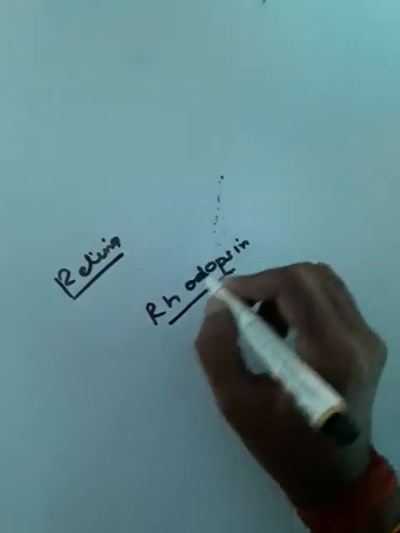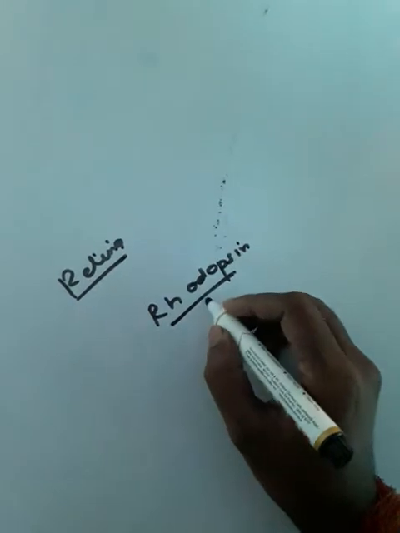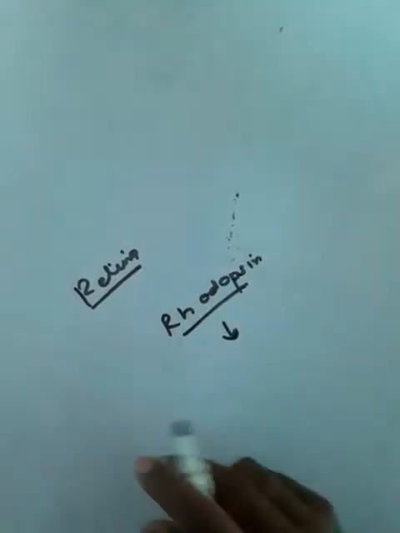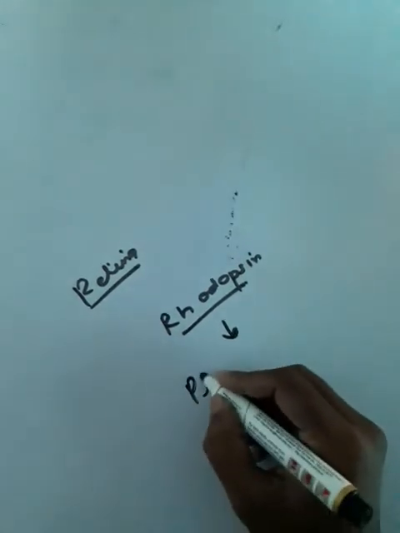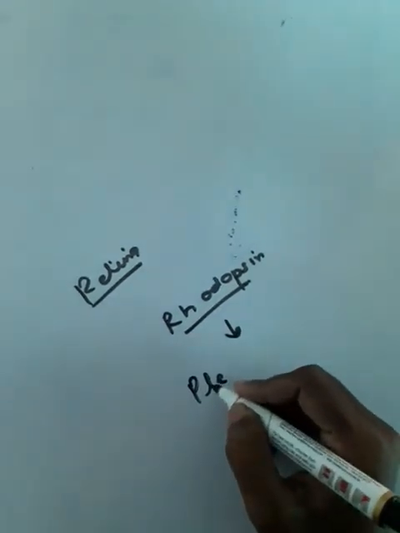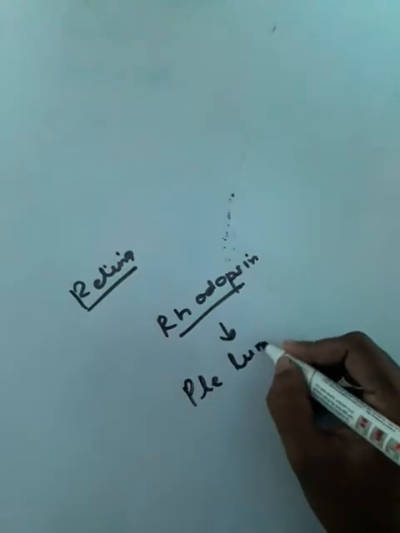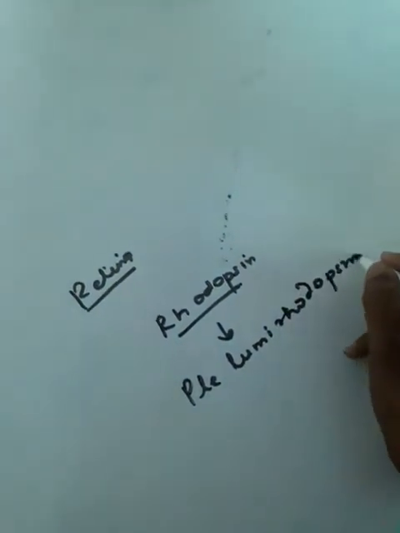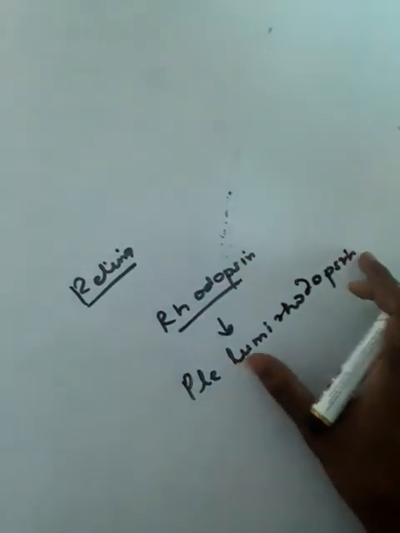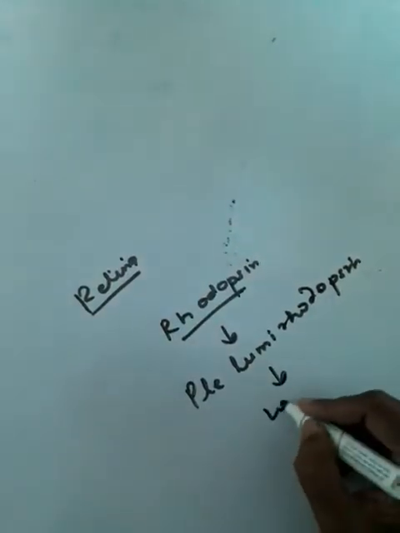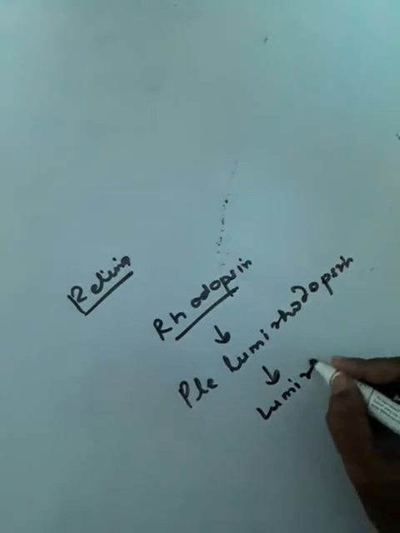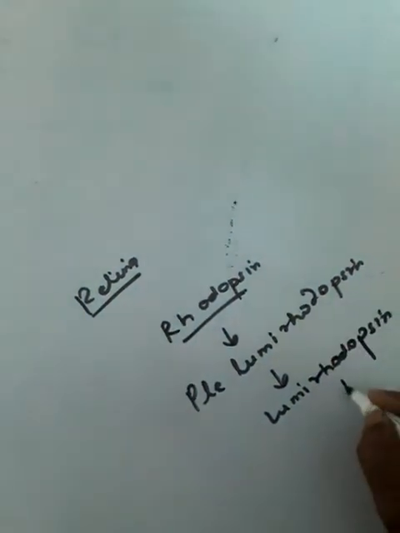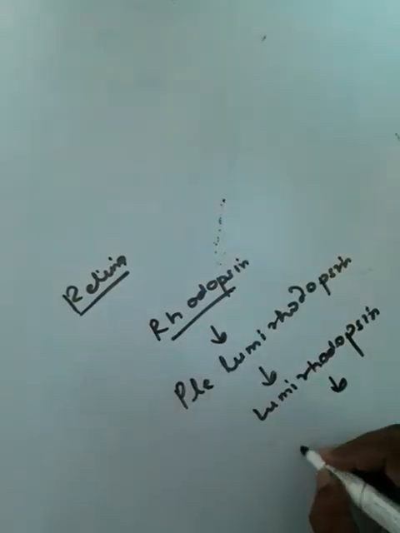Rhodopsin converts to lumirhodopsin, and lumirhodopsin converts to metarhodopsin first.